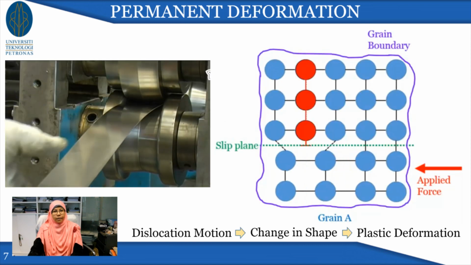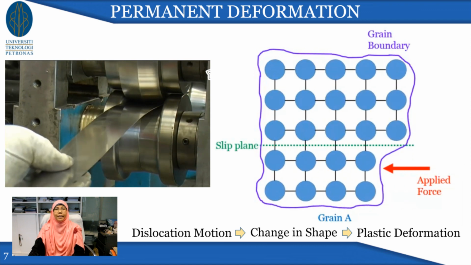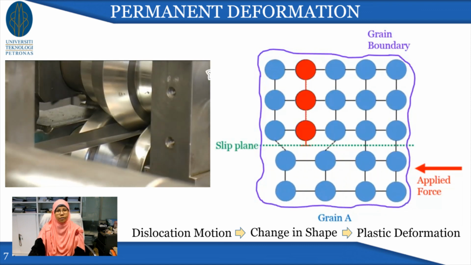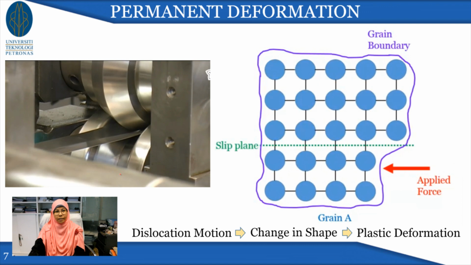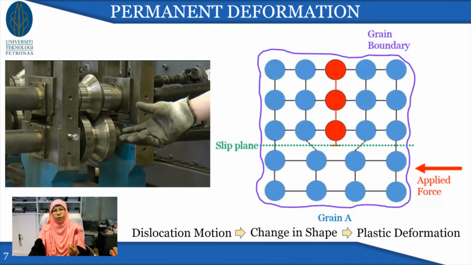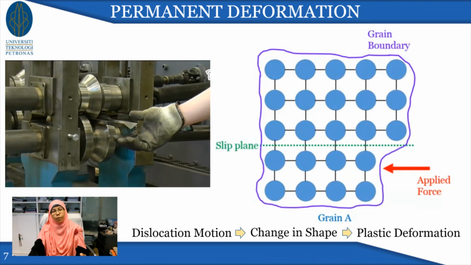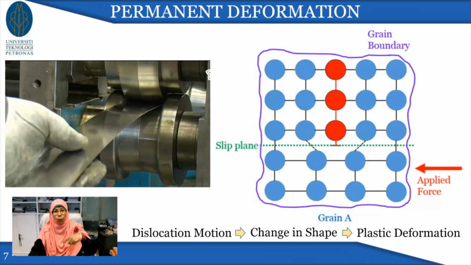We were talking about permanent deformation. In the video on the left, you see one type of processing called rolling.